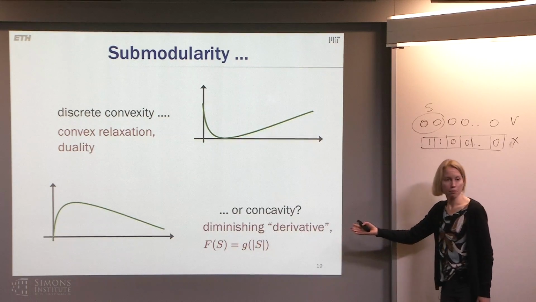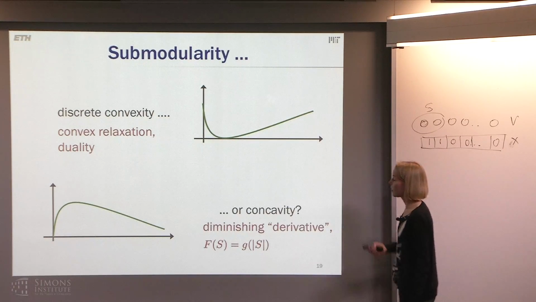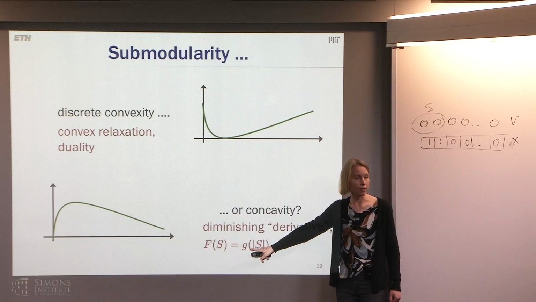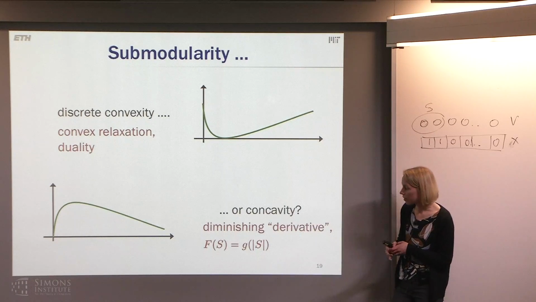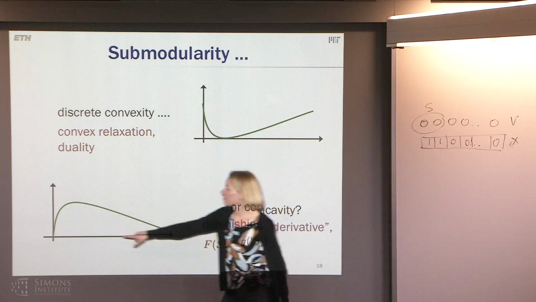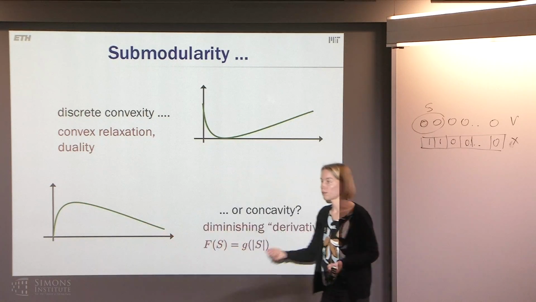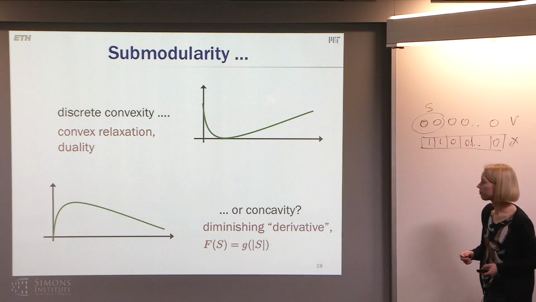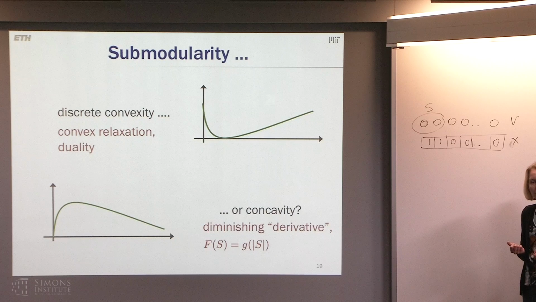So when is this a submodular function? It turns out this is a submodular function if and only if this g function here is actually a concave function. So intuitively, you can think about it then that, well, if this was sort of the cardinality, this is what the function would behave like. And this is the only thing that would give you these diminishing returns. So in that sense, it's also very related to concavity.